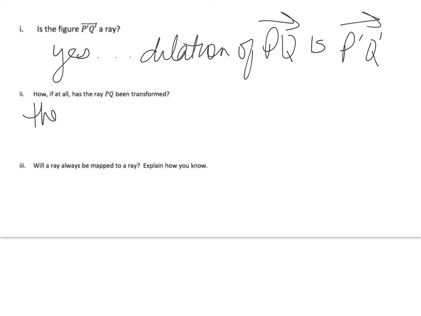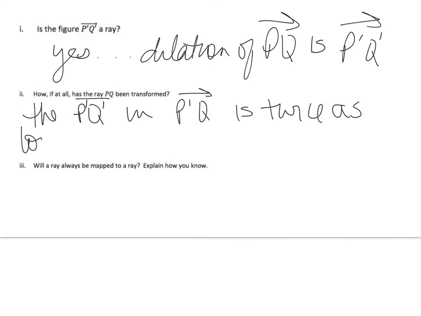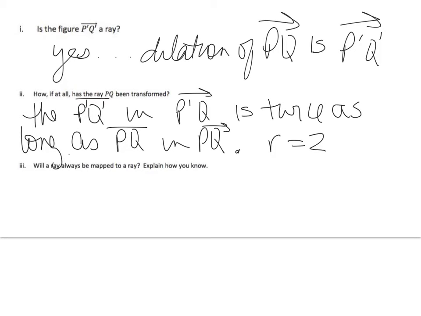The segment PQ in ray PQ, the segment P prime Q prime in ray P prime Q prime, is twice as long as the segment PQ. The segment has increased by a scale factor of 2.